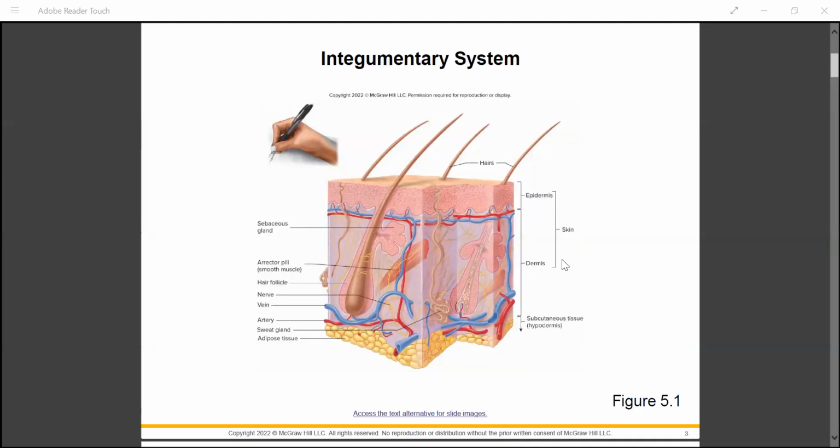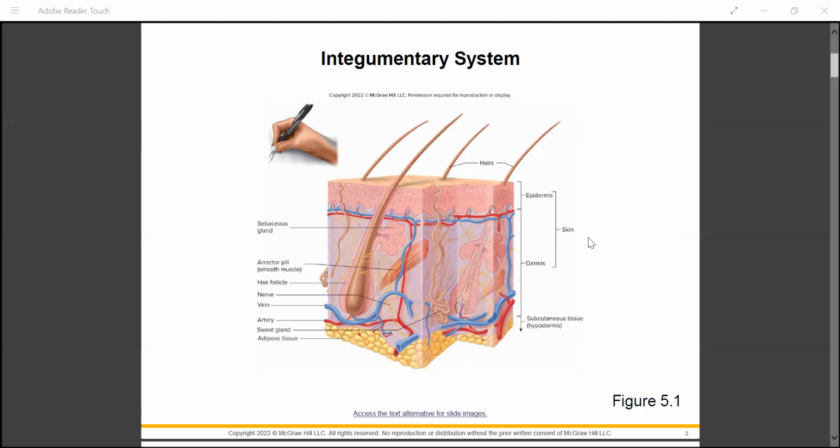So the epidermis and dermis make up the skin, and then this bottom layer here is our subcutaneous tissue, so below the skin tissue, also known as our hypodermis or below the dermis, and this is mostly going to be fat tissue or adipose tissue.